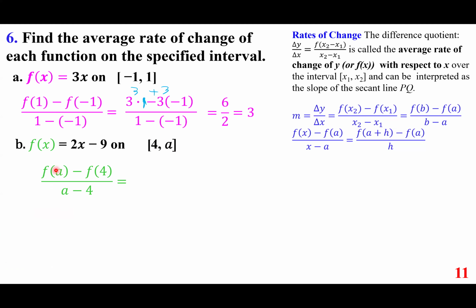So f of a is simply 2a minus 9. F of 4 is 2 times 4 minus 9. The bottom is just a minus 4.